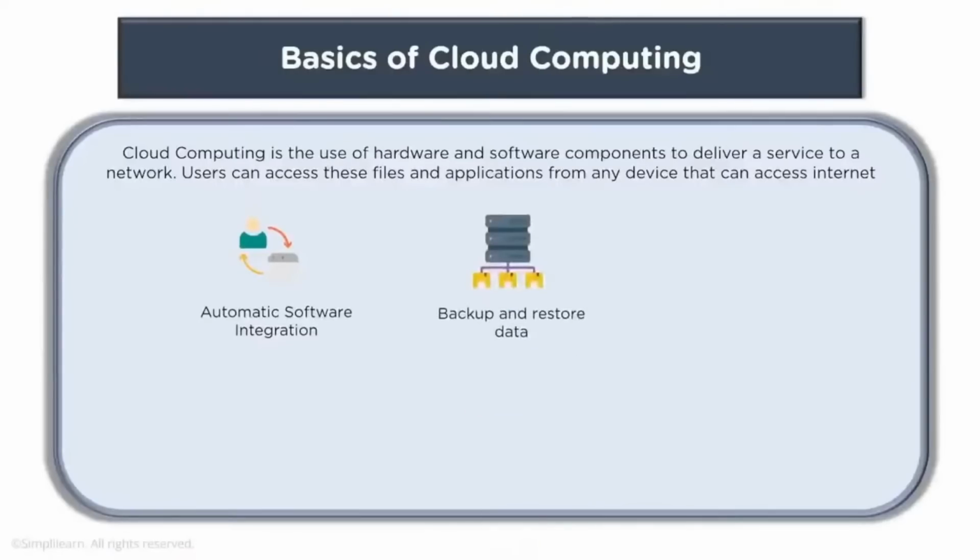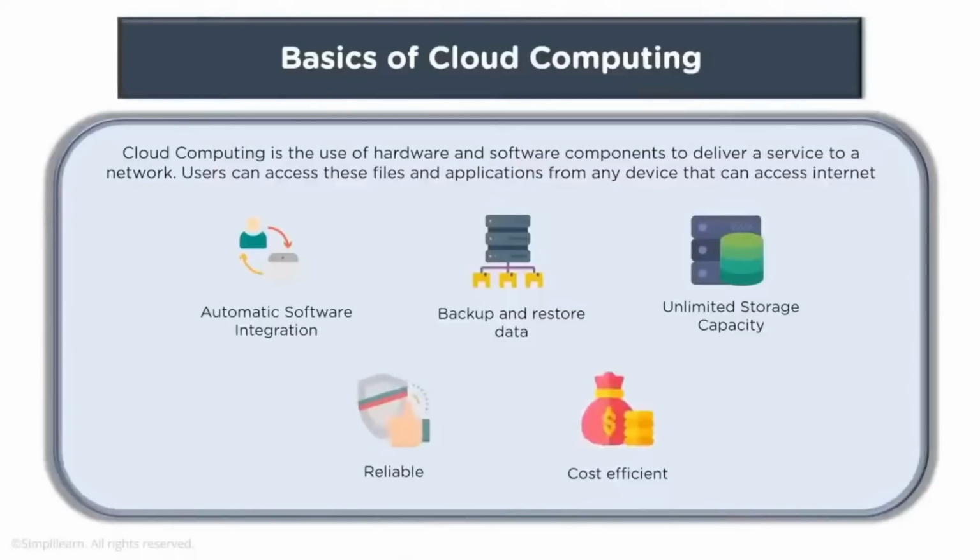You have different services which are offered. Some of them are for auto software integration or migration, backing up and restoring data, scaling your storage capacity, that is, going for unlimited storage capacity, and using a resource provided by the cloud service provider, benefiting from reliability and cost efficiency, which is offered by a cloud provider. In this case, we are talking about Google Cloud.